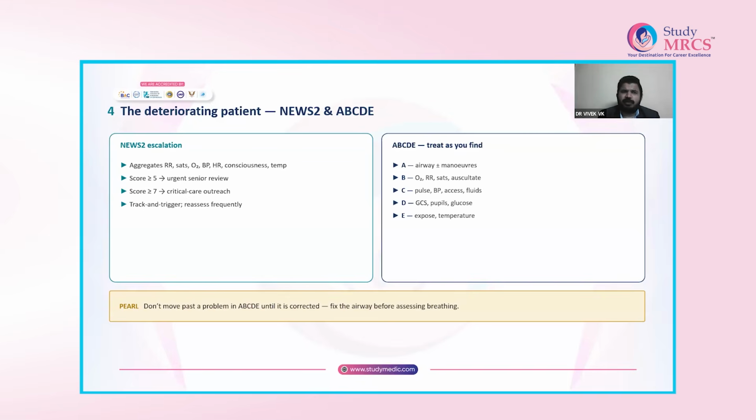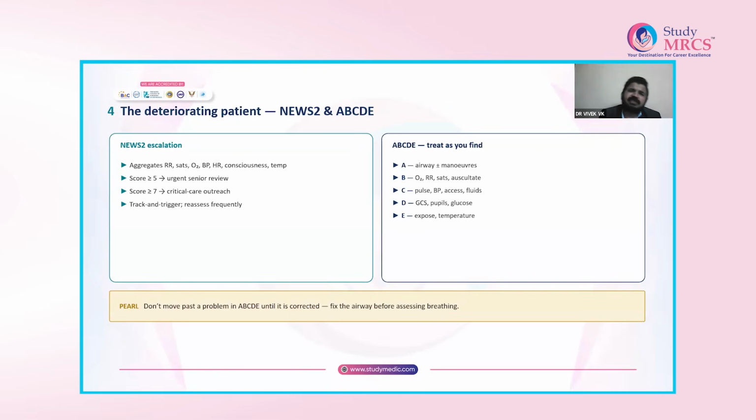In breathing, you have to inspect the patient's chest. What is the respiratory movement of the chest? Whether the chest wall is moving equally on both sides, or if there is an abnormal movement in any part of the chest wall. You can also look whether the patient is using some accessory muscles of respiration.